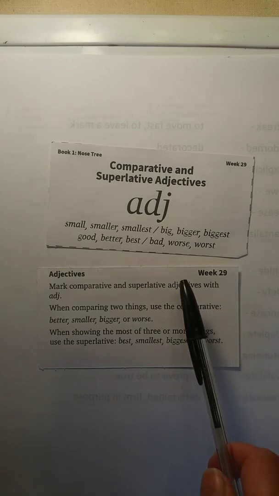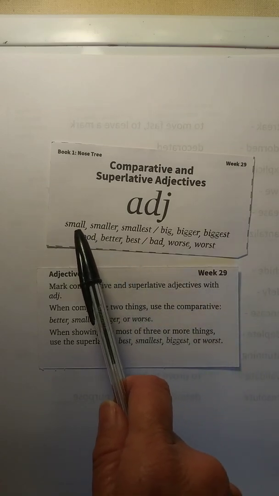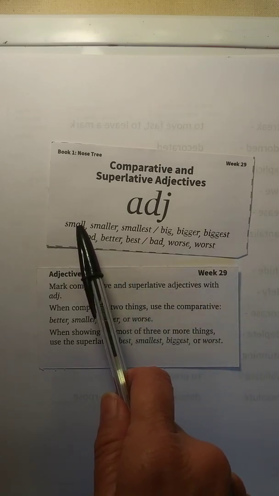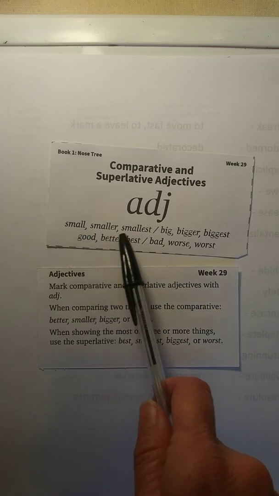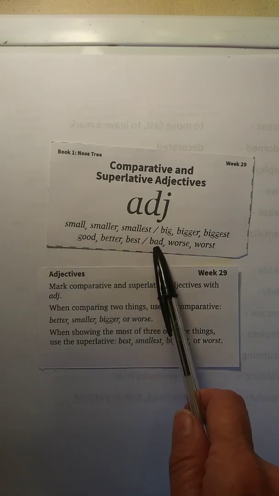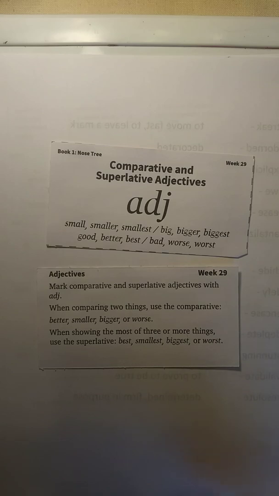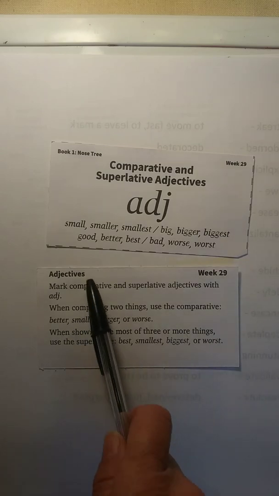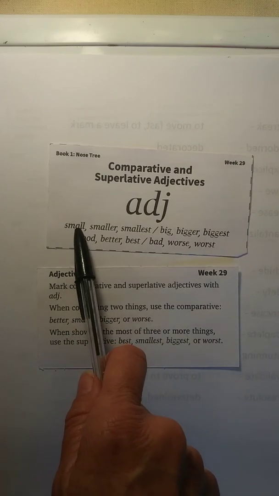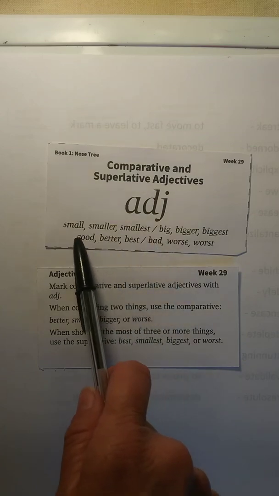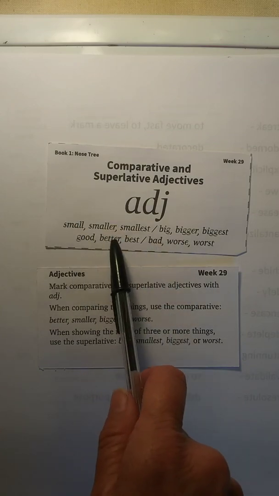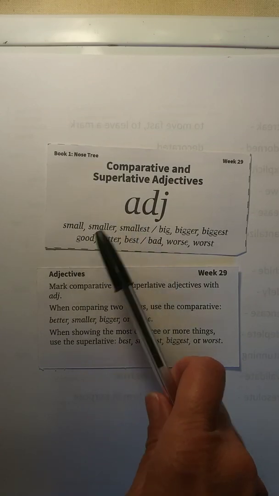Okay? So, also, I wanted to point out to you, notice these words that are used on your card: small, good, big, bad. Notice anything about those words? Yes, they're banned words. So don't start using these kinds of words in your papers. These are just for examples to show you the difference between the comparative and the superlative adjectives.